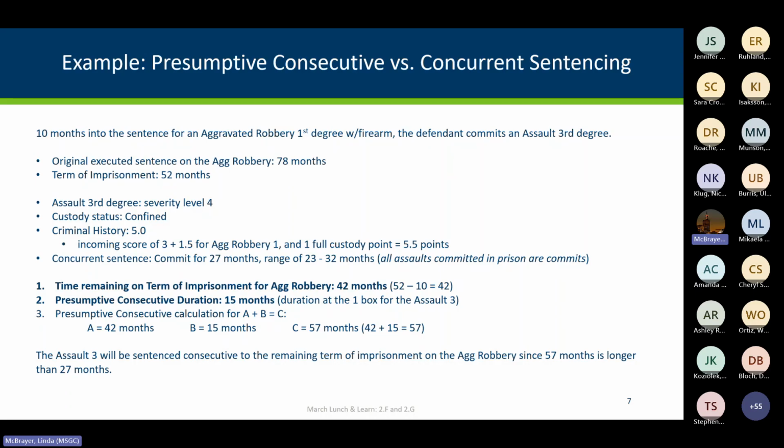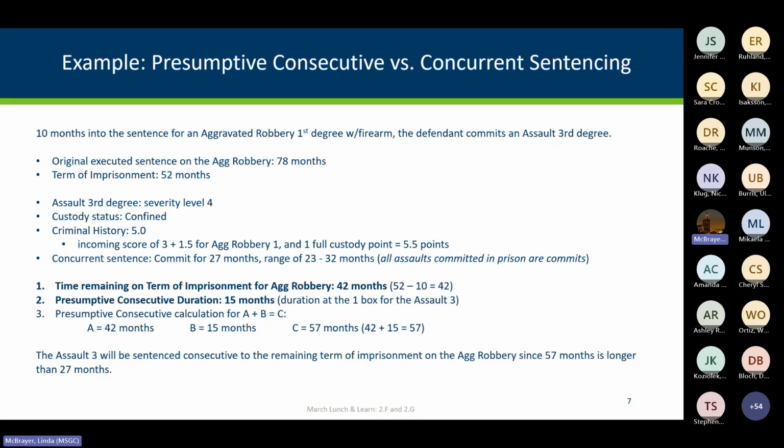So adding 42 months and 15 months together, we get 57 months. The assault third degree would then be sentenced consecutive, since that math, 57, is longer than the grid time of 27.